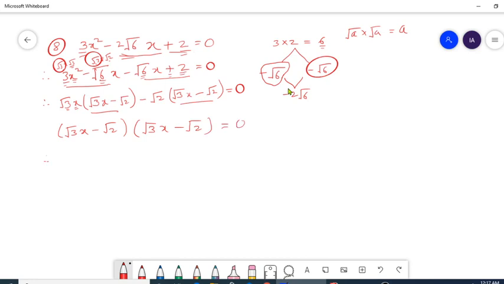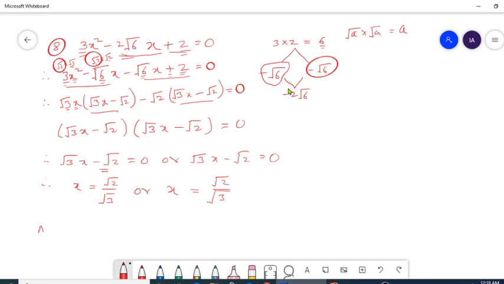So we can say root 3x minus root 2 equals 0, or root 3x minus root 2 equals 0. Keeping x in its place, this negative root 2 will become positive root 2, that is root 2 upon root 3, or x equals root 2 upon root 3.